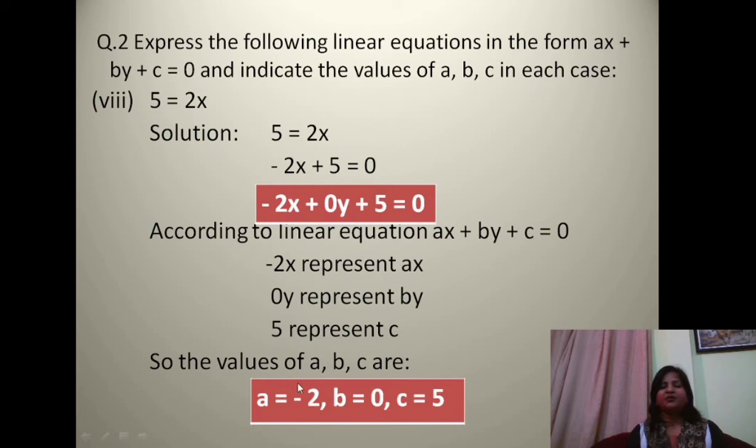So the final values of a, b, c are a is equals to minus 2, b is equals to 0, c is equals to 5. So these are the parts of the second question from exercise 4.1.